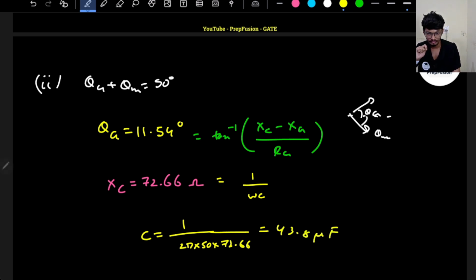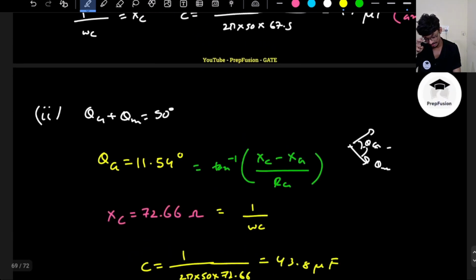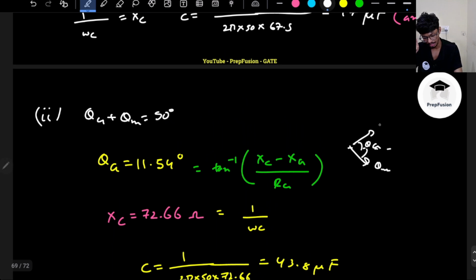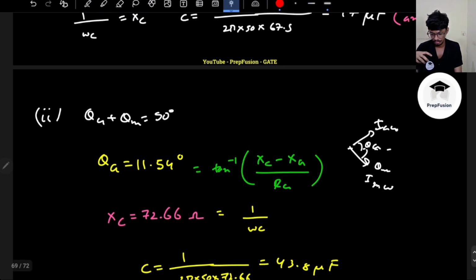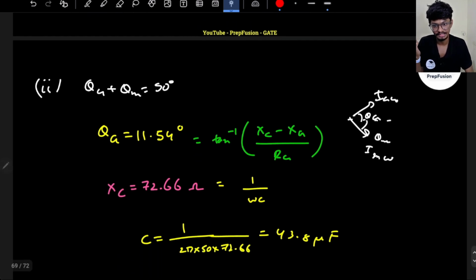So if I want both the currents to be in 90-degree quadrature, that means this is my auxiliary winding current and this is my main winding current, then I have to provide a capacitance of this much value. Depending on what kind of operation you require, you will provide that value of capacitance.